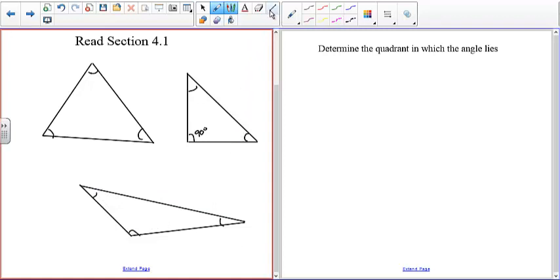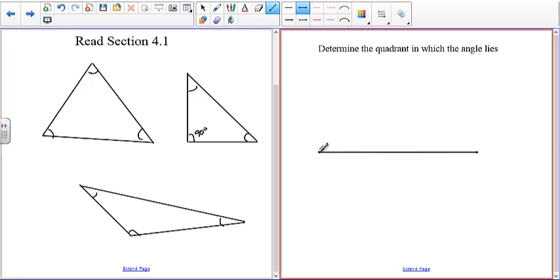Now, another way of defining angles is not part of triangles, but it's looking at the Cartesian coordinate system. So I'm going to draw my x and y axis. The standard way we define an angle is we put one of the sides of the angle along the x-axis. And then we take the second side of the angle and point it some direction.